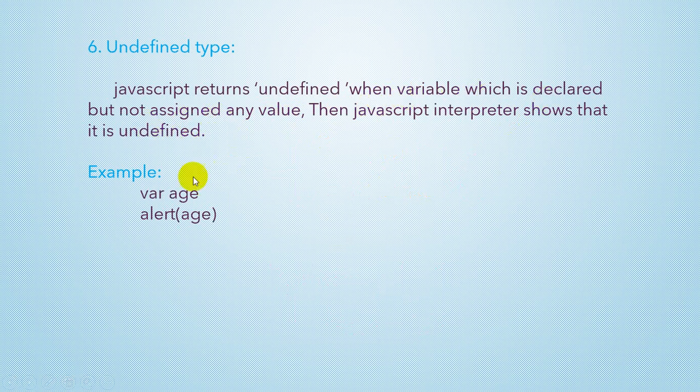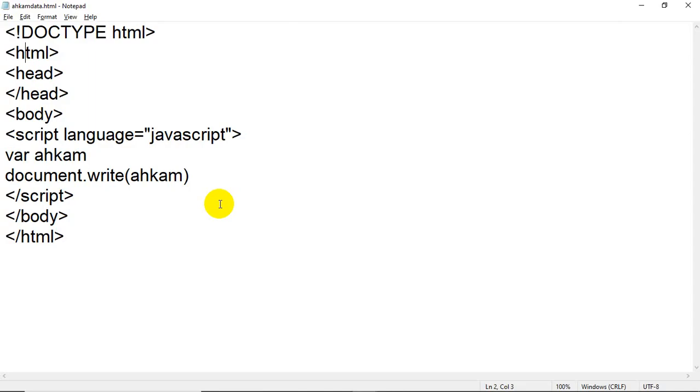You have declared a variable called acom, but you have not assigned any value, and now you are going to access the value of that particular variable. So the value is not declared. How can you access it? That's why you are getting undefined, which means the data you want to access is undefined. Are you getting my point?